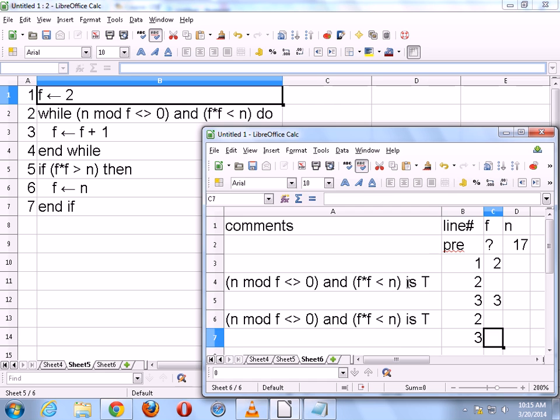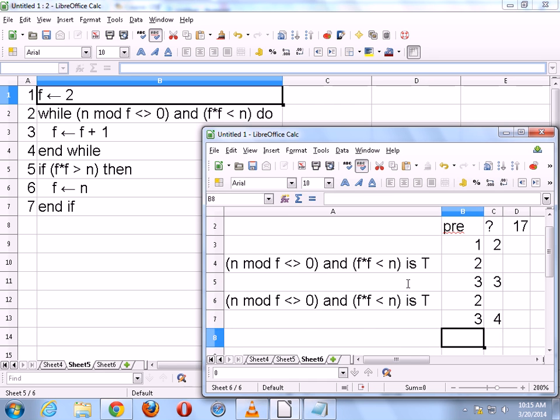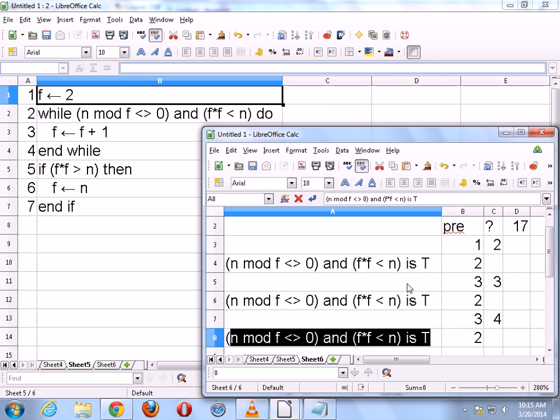Go to line 3, f gets incremented to 4, go back to line 2. 17 divided by 4 has a remainder of 1, 1 is different from 0 is true. F times f is 16, because f is 4. 16 is less than 17, which is n, is also true.